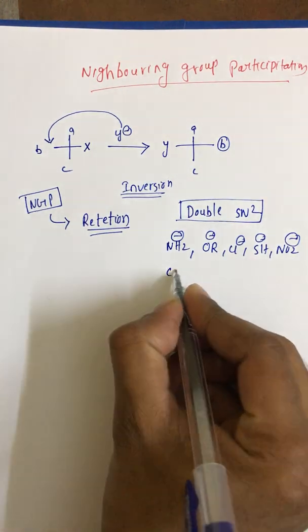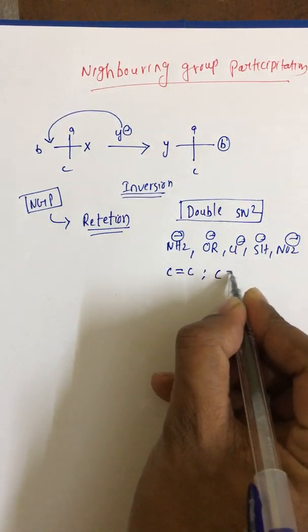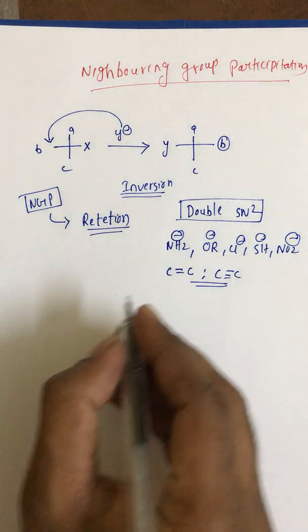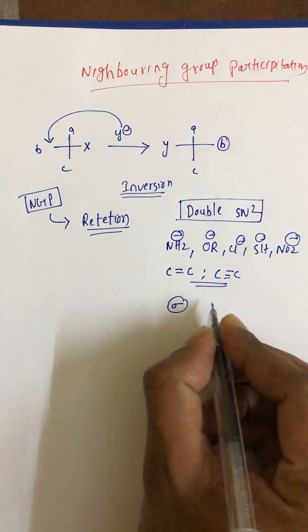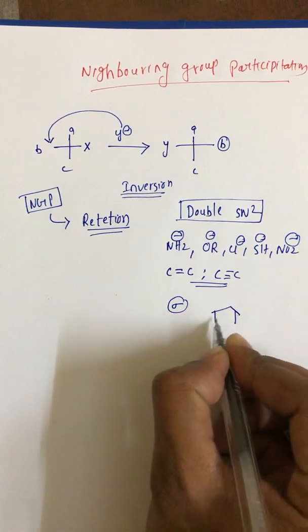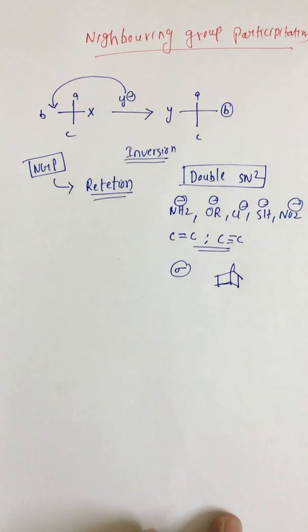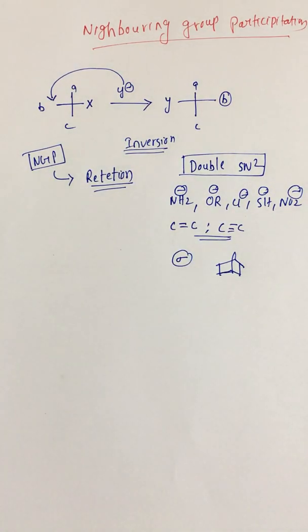Even a carbon-carbon double bond and a carbon-carbon triple bond can be involved in neighboring group participation, and even a sigma bond in case of norbornene. Here the sigma bond is acting as the neighboring group. So this is some introduction about neighboring group participation. Now we will see the examples.